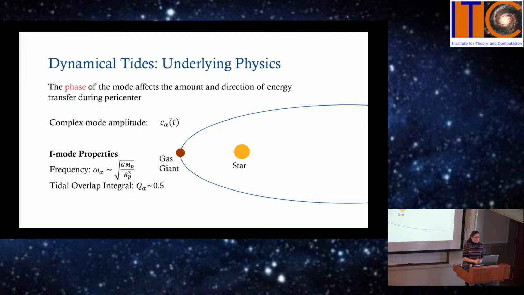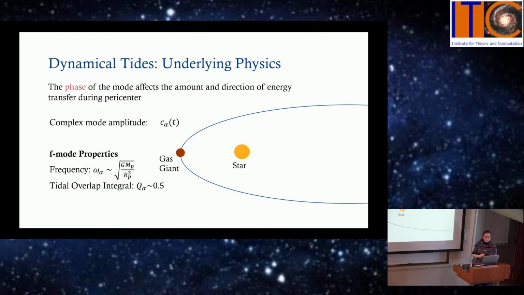And for this giant planet, the most important mode, it turns out, is just the fundamental mode of the planet. So the simplest mode, it has no radial nodes. And the reason why this is most important, there are a few. One of them is that the frequency tends to be pretty comparable to the frequency associated with the pericenter passage.